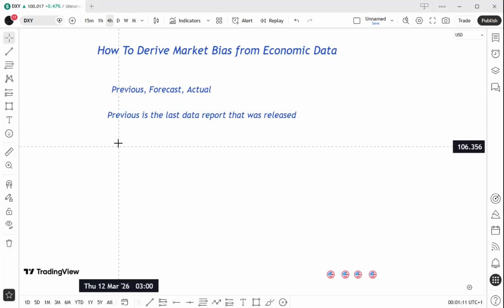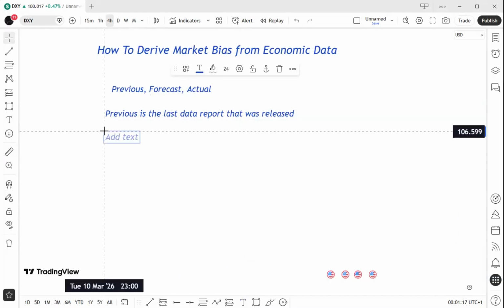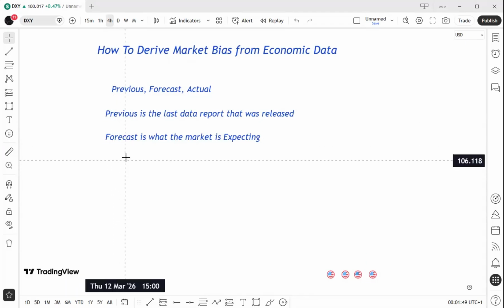And what is forecast? Forecast is what the market is expecting. This is it. What the market is expecting, what the economic analysts are expecting from the market. That is what forecast is talking about.